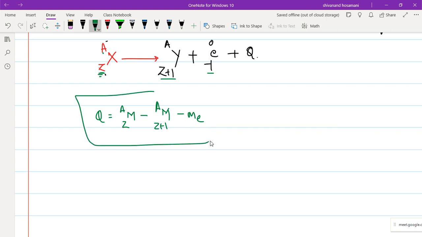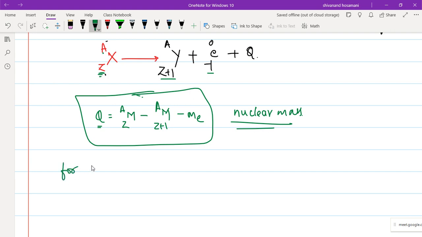This is defined as the energy which is released during the nuclear reaction. If you multiply the mass by c², you get energy. This is called nuclear mass. Multiplying nuclear mass by c², we get the total energy.